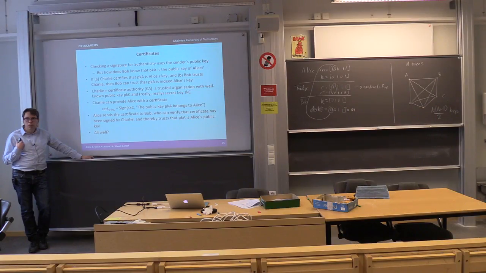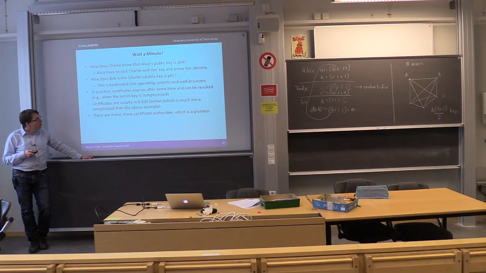So as long as we have this Charlie, the certificate authority, everything is okay, right? Seems a bit sketchy. Wait a minute. How does Charlie know that Alice has this public key? Alice actually has to visit Charlie with her key and prove her identity.